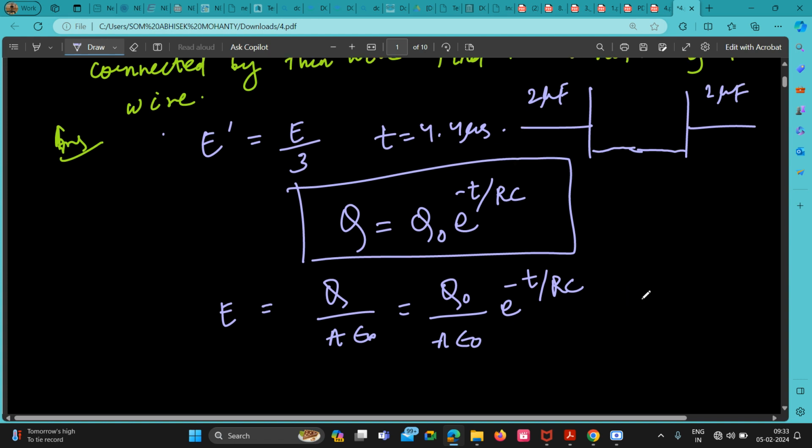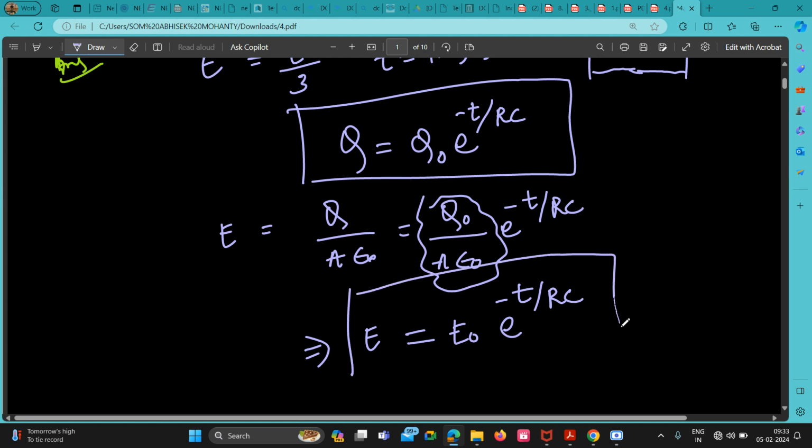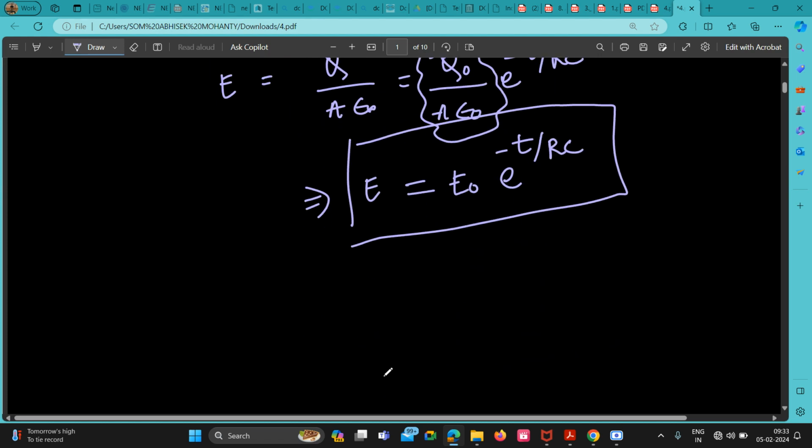Now if Q by A epsilon naught is E, then Q naught by A epsilon naught is E naught. So E is equal to E naught e to the power minus t by RC. Here the electric field is reducing to 1 by 3 of its original value, E naught.